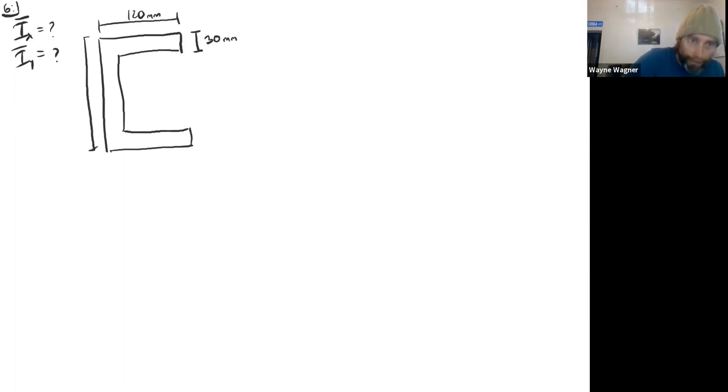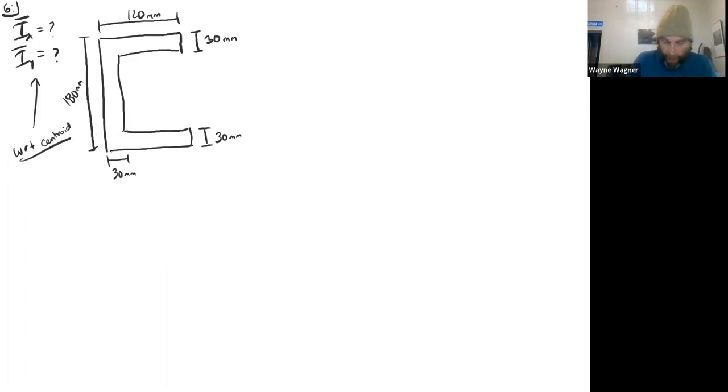So this is 180 millimeters. They could just use centimeters and we'd probably get appropriate size numbers. And then this width right here is 30 millimeters. Okay, so they want these with respect to the centroid.